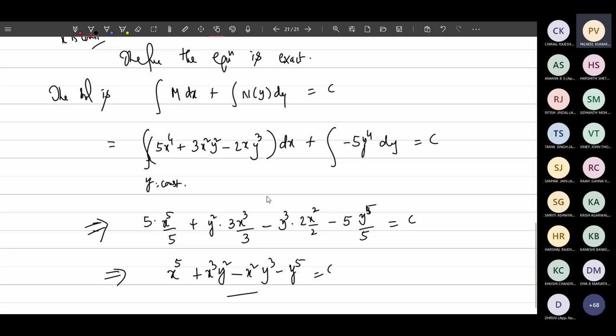Right now this is the solution. Next, one more problem on this. Next, we go for what to do if not equal. So this is an important example. Next one.